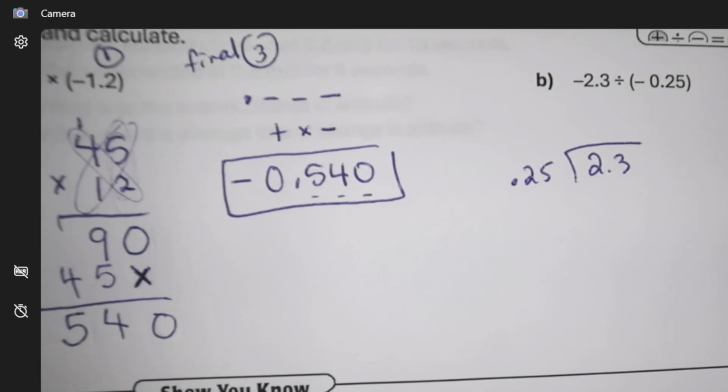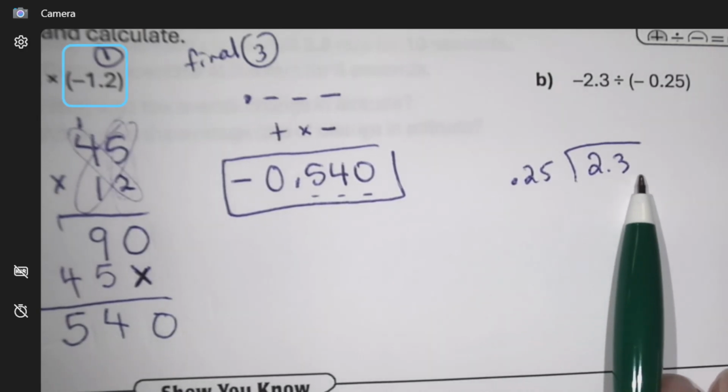Okay, so this is what the question would look like, but I'm not going to do that. I'm going to work with no decimals. How many places would I have to move the decimal so that I don't have any? On all, three, yeah. To get rid of the decimals, I would have to move 2.